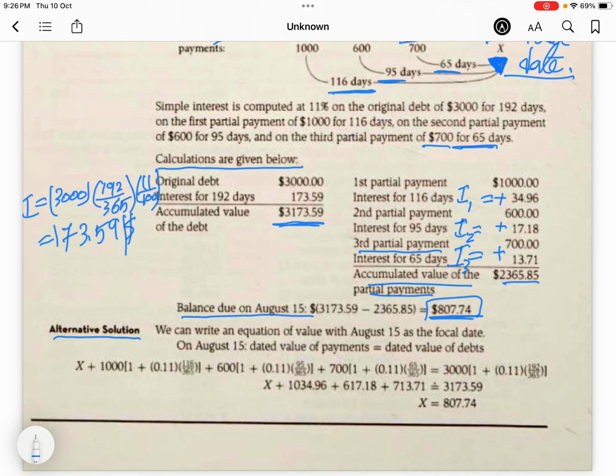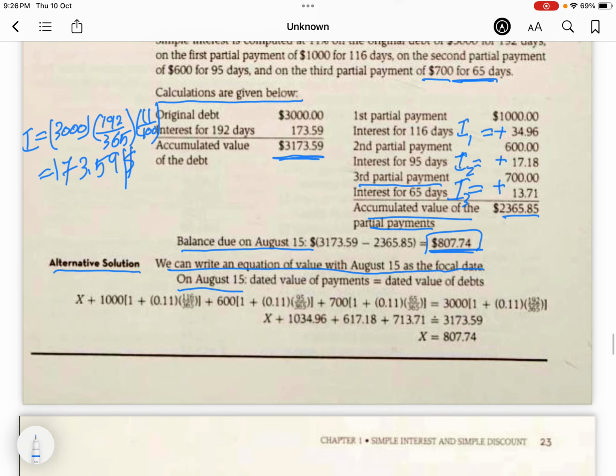Alternative solution: we can write an equation of value with August 15 as the focal date, as we solved in the previous section. Dated value of the payments equals dated value of the debits.